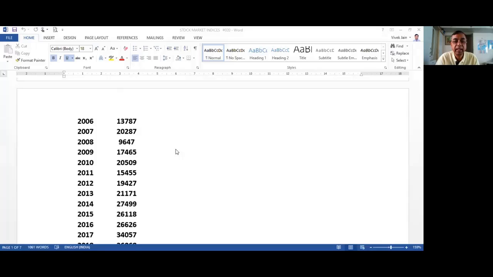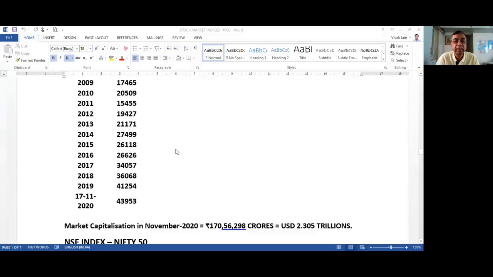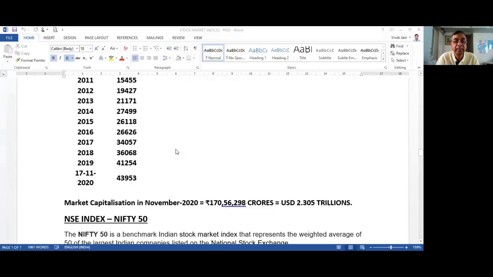Thereafter, again, very handsomely, in vengeance, it started rising. In a year's time, it became 17,500 and then 20,000 again. As you can see here, in 2019, it was at 41,254, and in November 2020, it was at nearly 44,000.